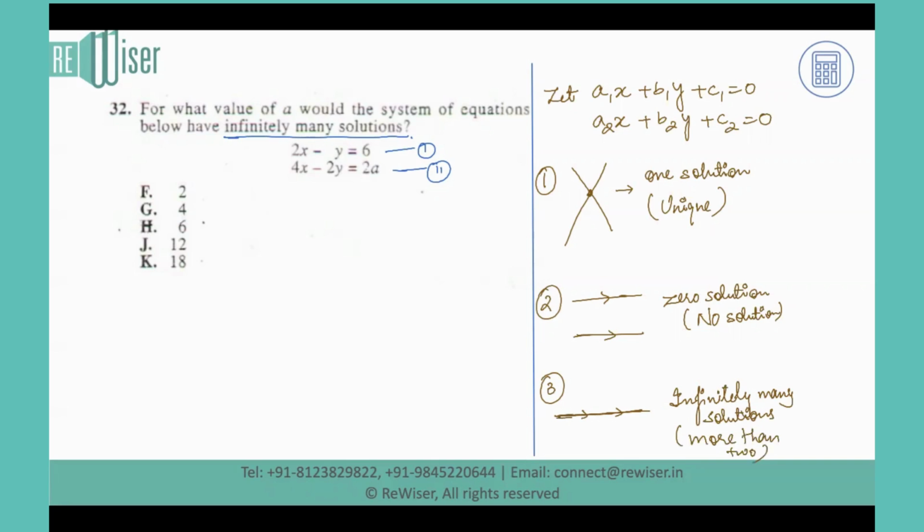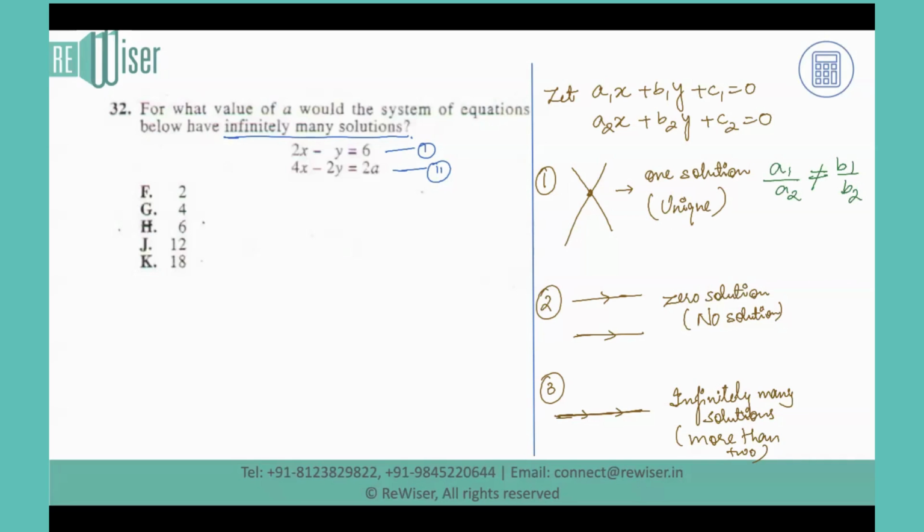Now we'll also take a look at the conditions which we'll be following for these three scenarios. When we get one solution, we have to follow the condition that a1 over a2 is not equal to b1 over b2. Remember that a1 here is the coefficient of x and a2 here is the coefficient of x.